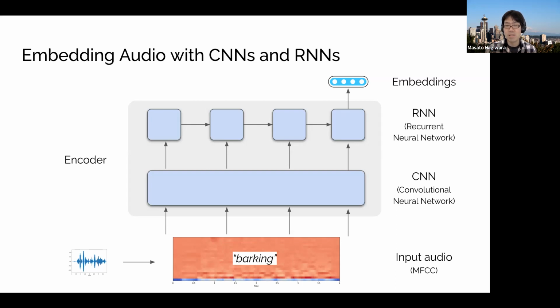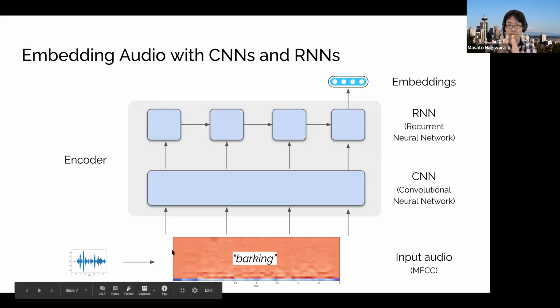We use MFCC, or mel frequency cepstral coefficients. They are basically like a meta representation of frequency domains, something like audio spectrograms, if you know what they are.